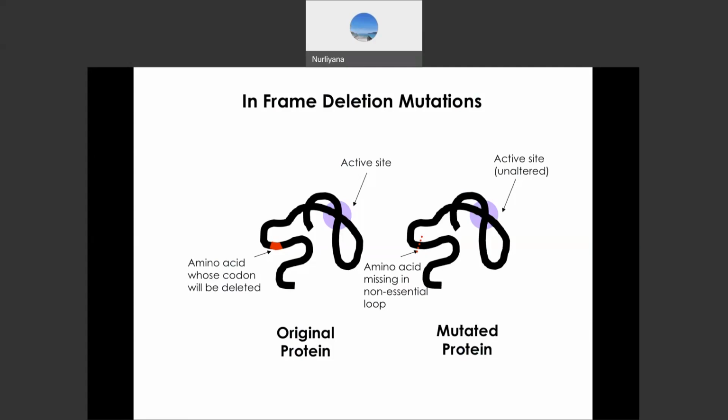After that, the third step is you look at the protein structure, how badly it will impact the protein's well-being, whether it can be folded or not, and whether it affects your active site, because the active site is like the heart of the protein. Without the active site, the protein won't function well.